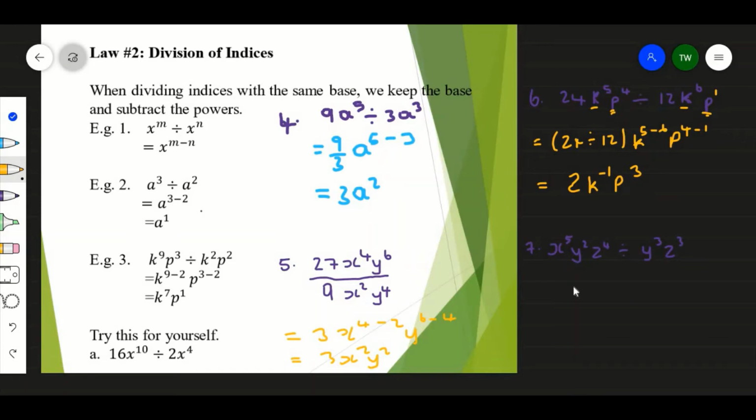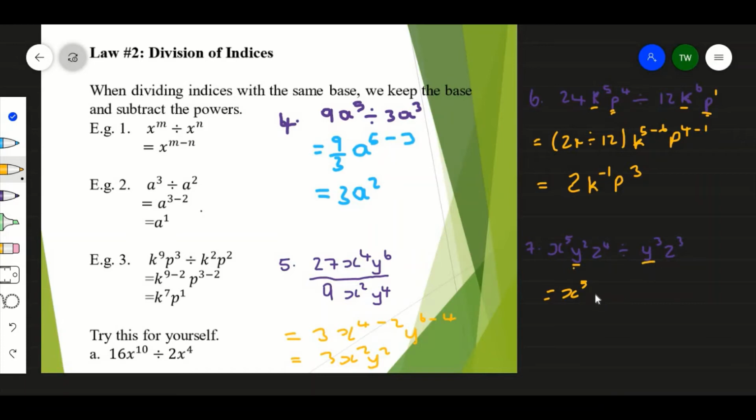Alright, to our final example, here we have x to the 5th power, y to the 2nd power, z to the 4th power divided by y to the 3rd power, z to the 3rd power. Now, what we're going to do is write back our x term. So it's going to be x to the 5th. Since there is no x over here, we can't do anything to it. So now we are going to move to our y term.